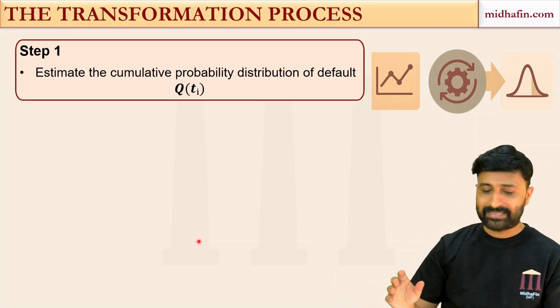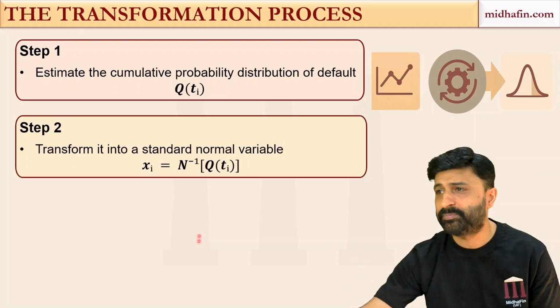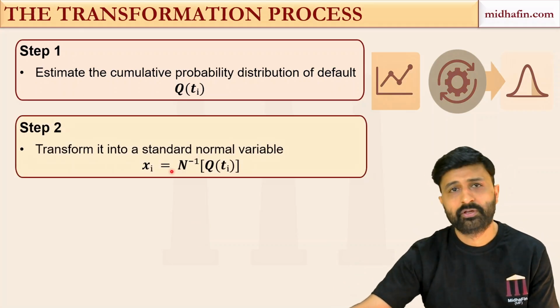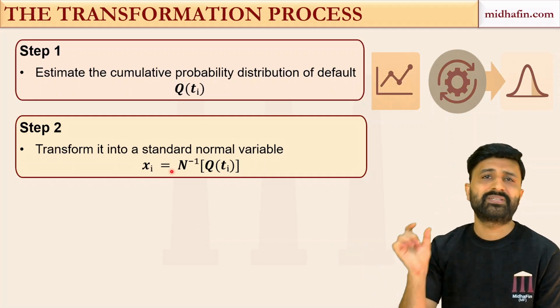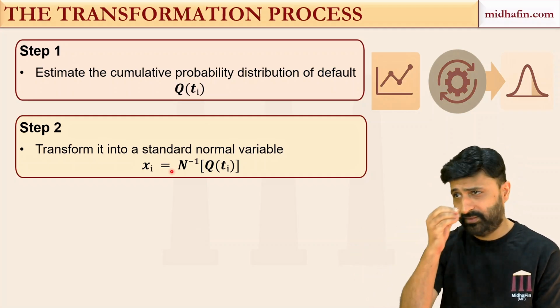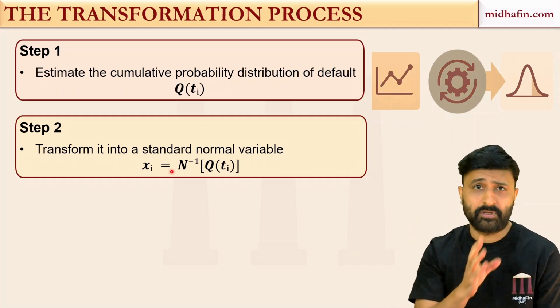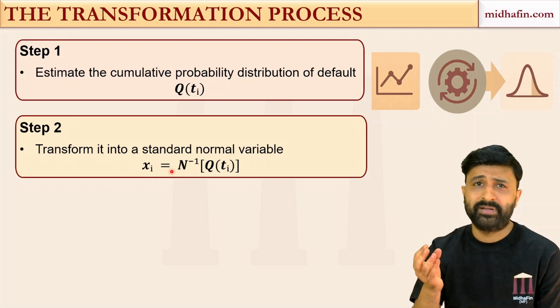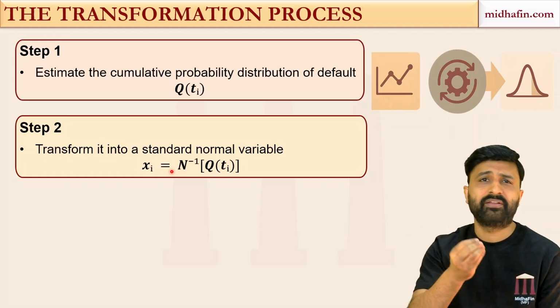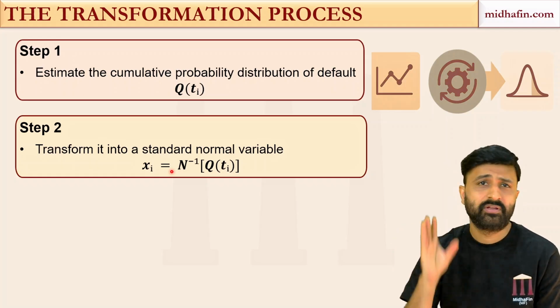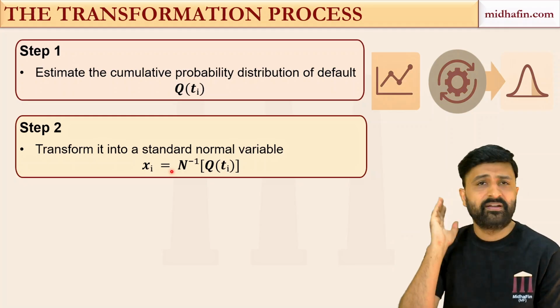Next, we apply what is called a percentile-to-percentile transformation. We map those probabilities onto a standard normal scale. The example has been discussed in other chapters also. So a 5% probability becomes x equal to negative 1.645, corresponding to the fifth percentile of the standard normal distribution.